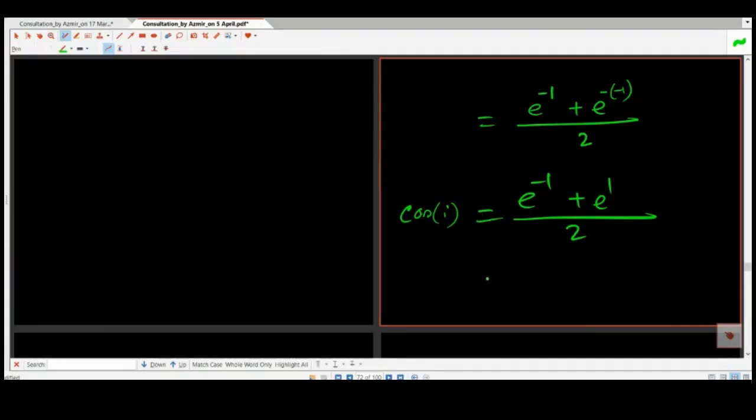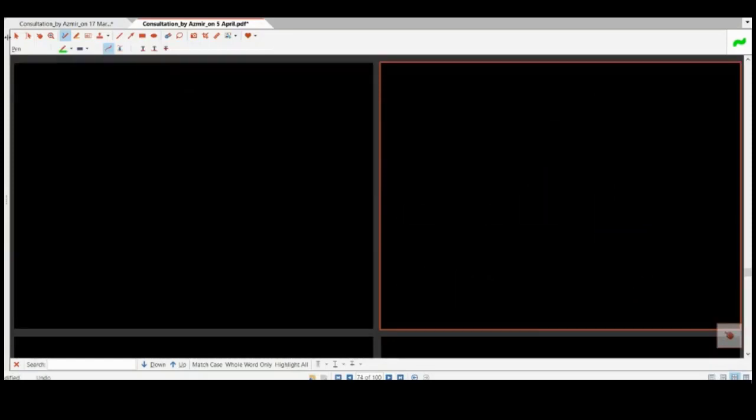If we want, we can also find the numerical value of this: e to the minus 1 plus e to the 1 over 2 is 1.5431. This is cosine i.